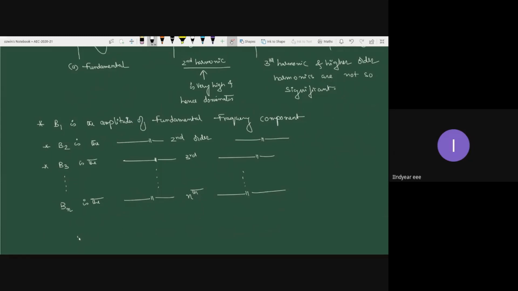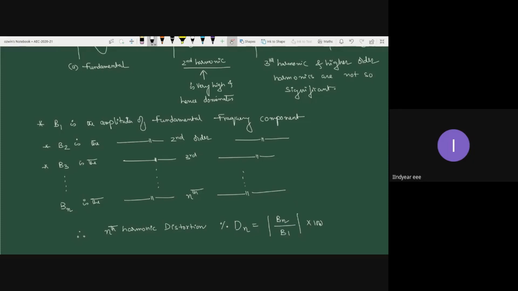Then the nth harmonic distortion, denoted by percentage Dn, is equal to the nth harmonic component divided by the fundamental component, into 100.